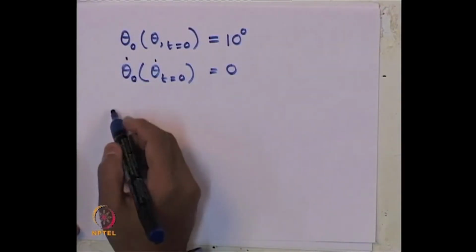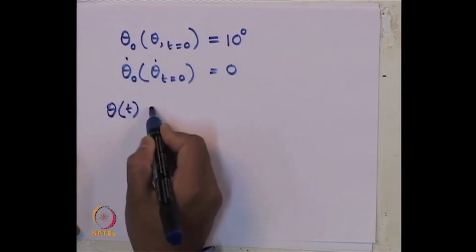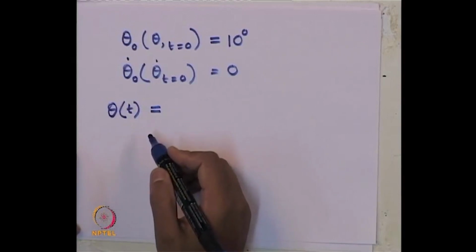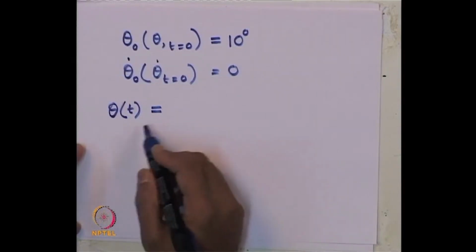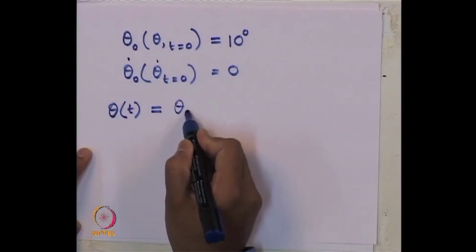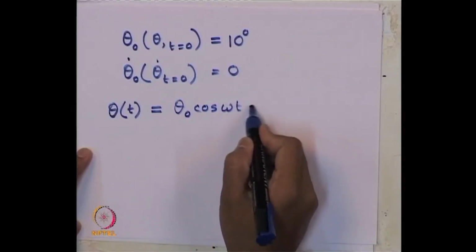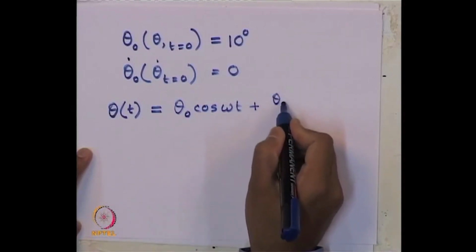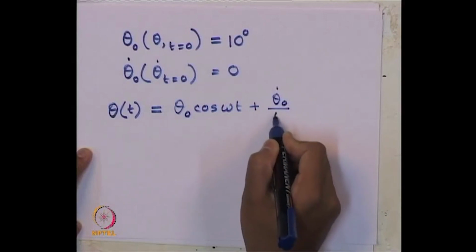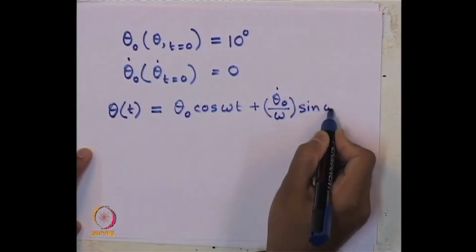Now, what is the solution from the governing equation of motion? The solution for undamped free vibration is theta t equals theta naught cosine omega t plus theta naught dot by omega sine of omega t.